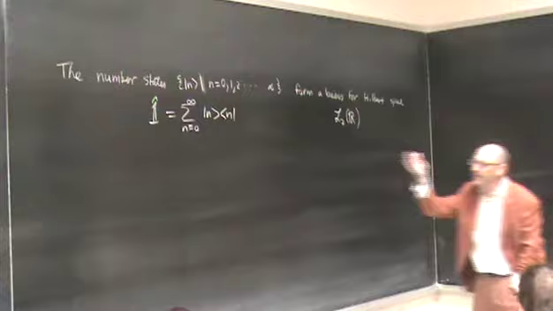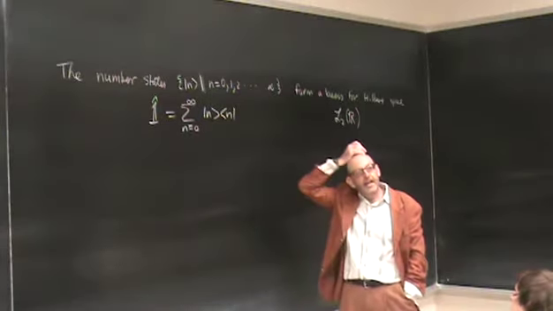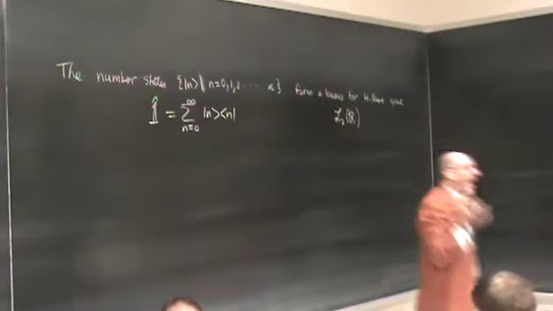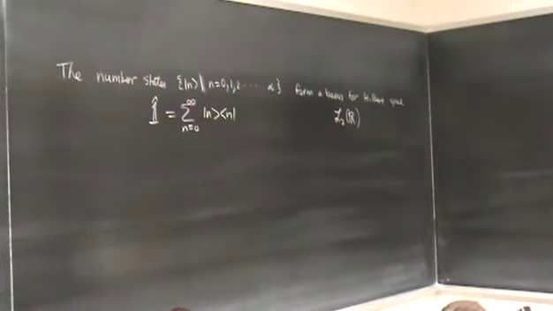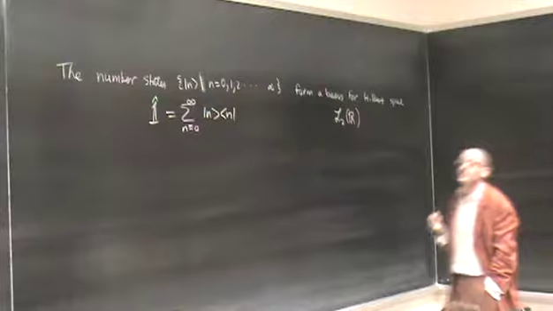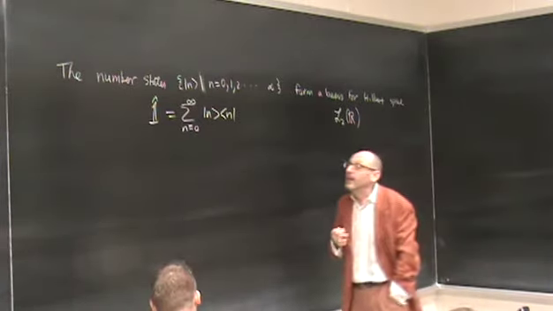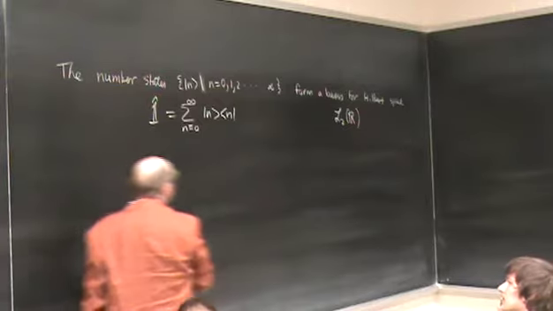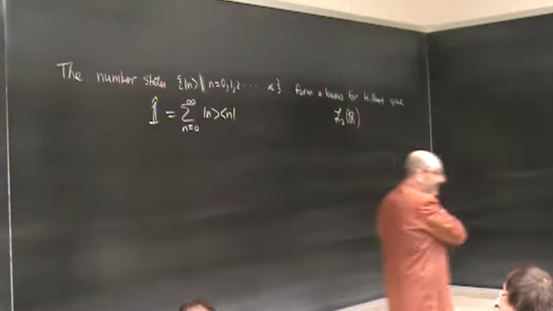So this forms a basis for Hilbert space, which means that any observable, or any operator, I should say, can be expressed in this basis. So for example, we can write the position operator in this basis.